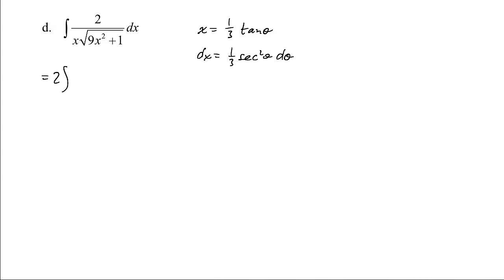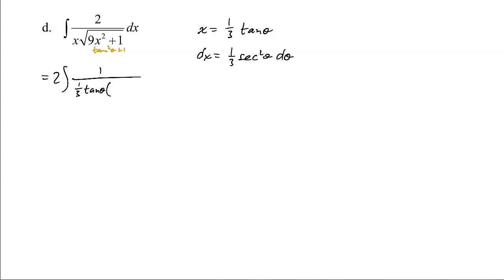So now I'll factor out the 2 and rewrite my x's. So 2 integral of 1 over x, which is 1/3 tangent theta, and instead of my square root, I will tell you what I think about in my head. This x squared is going to multiply with the 1/3 and make 1/9, so I will lose that 9 out front. This is tangent squared plus 1, which is what I wanted, because that's just secant squared.